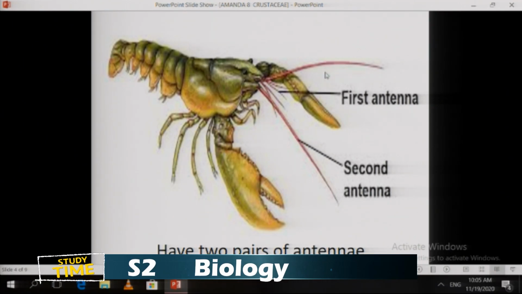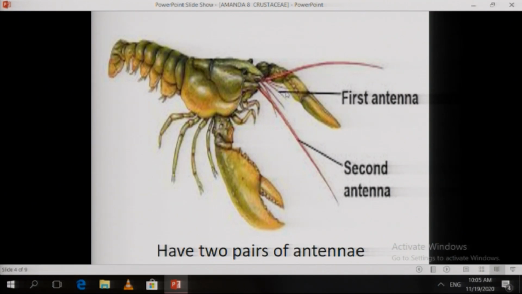These tall ones, two of them, and these small ones, two of them. So we have two pairs of antennae, the long one and the short one. Those are common characteristics.